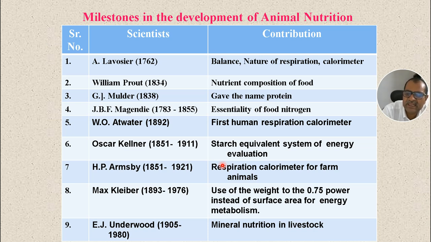Then Oscar Kellner, he found the starch equivalent system of energy evaluation, how to express the energy content of the feed, etc. So nowadays we are saying them as megajoules or calories. H.P. Armsby found the respiration calorimeter, whereas Max Kleiber found the use of weight to the power 0.75 instead of surface area for energy metabolism.